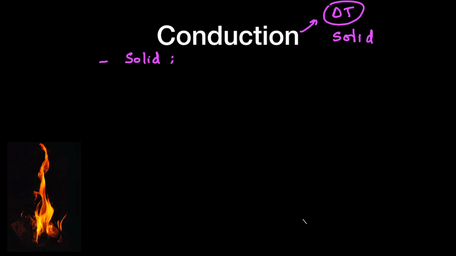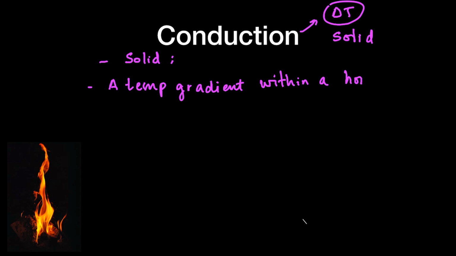So if we want to define it properly, we can say a temperature gradient within a homogeneous substance. So basically what this is saying, you need to have a solid and there needs to be a variation of temperature for the heat to move through.